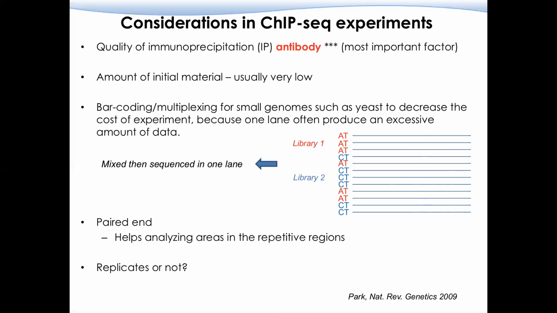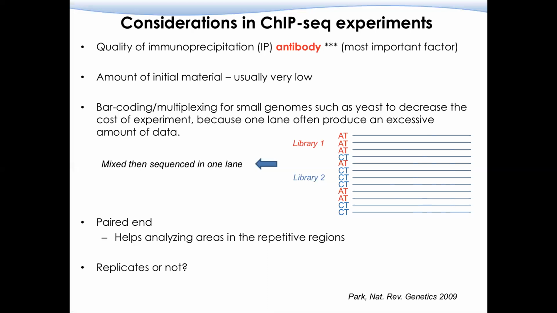It's the specificity. And another one is the amount of initial material. Usually it's not too high, but still. And then here we can use barcoding, or we call it multiplexing, for small genome studies like yeast.